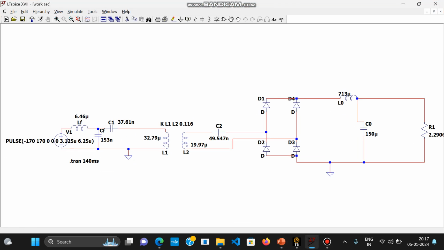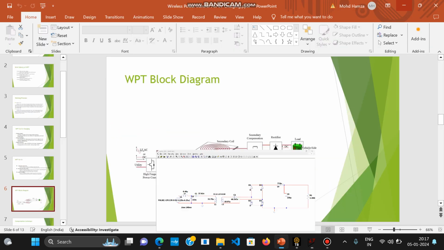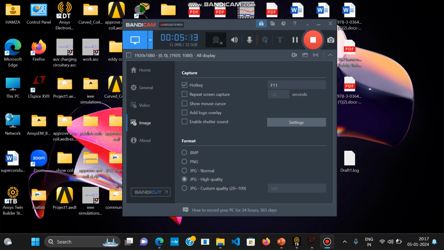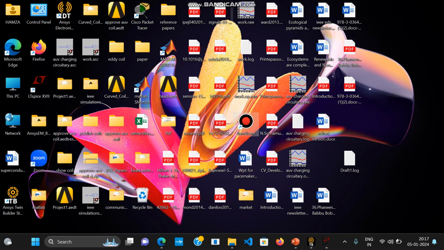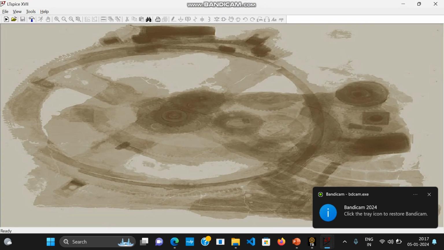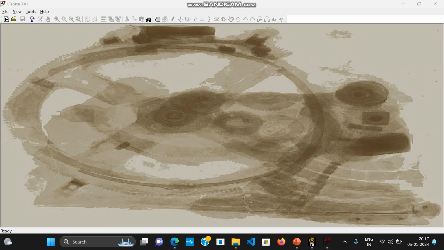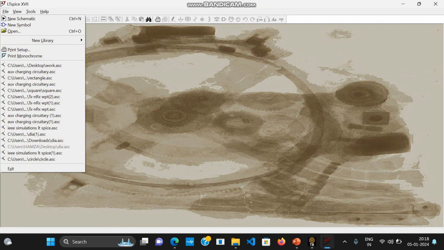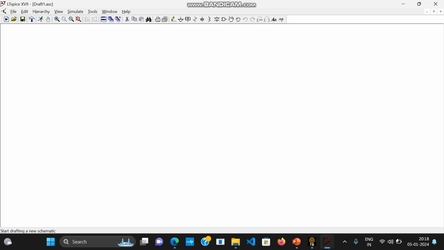Let me open a new file. From here you choose File and then go to New Schematic. This is how the window will look once you select the new schematic. There are no components here, so we have to place the components from the software.